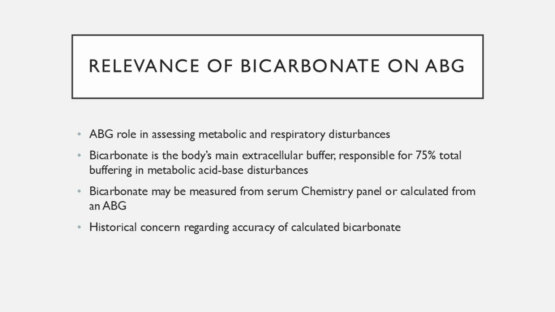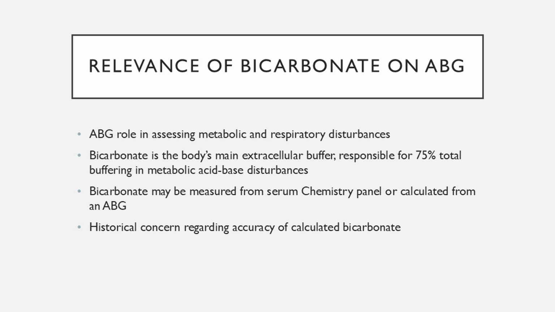So we use ABGs all the time. They're really important in assessing a patient's acid-base status for metabolic and respiratory disturbances. Bicarb is the main extracellular buffer, and it does 75% of the total buffering.